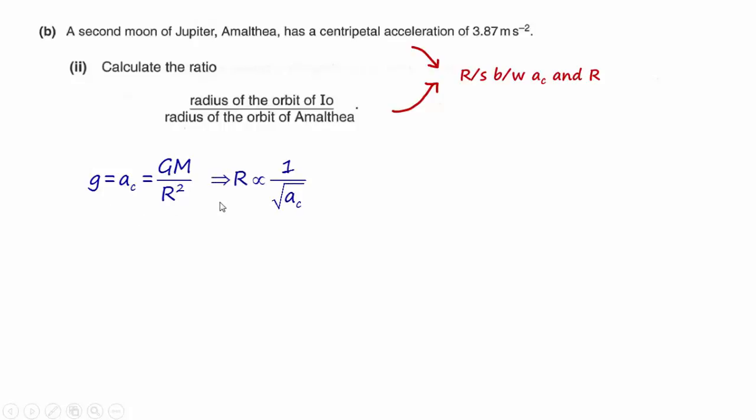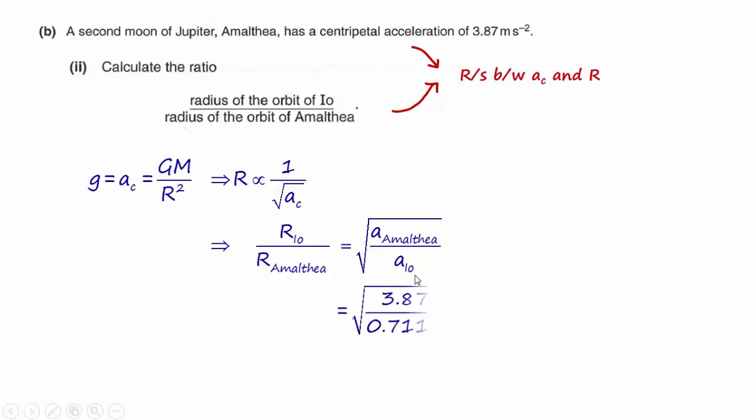From there, we can see that the radius of orbit is proportional to 1 over the square root of the centripetal acceleration. Hence, the radius of the orbit of Io over the radius of the orbit of Amalthea can be written as the square root of the centripetal acceleration of Amalthea over the centripetal acceleration of Io.